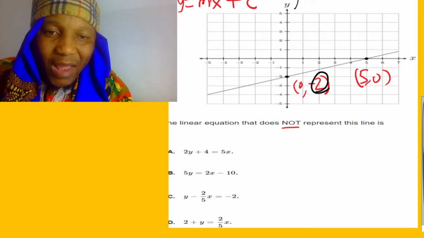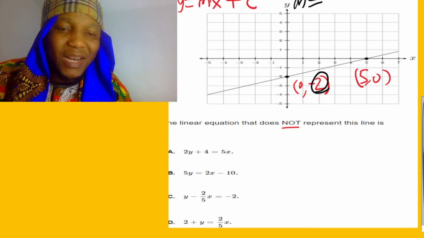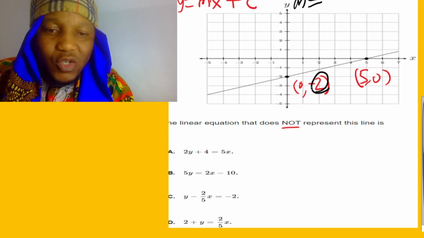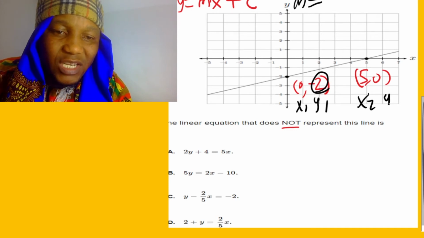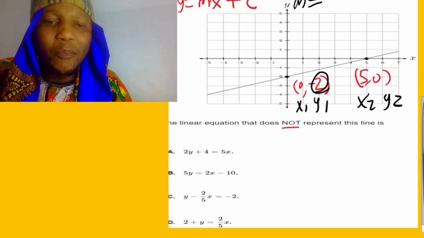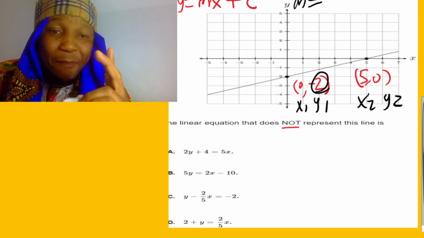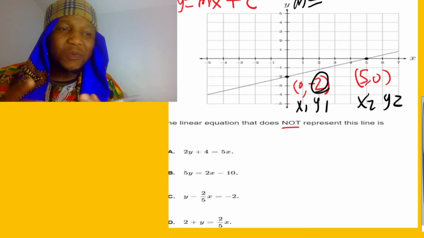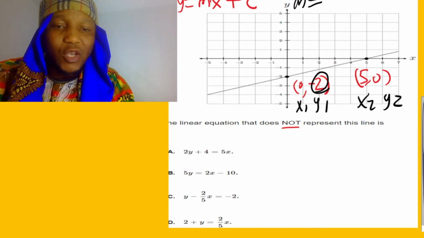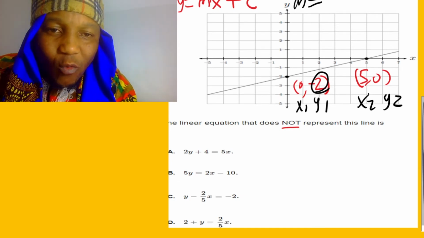So now, how am I going to get m? To get m is easy. m is always equal to the change in y over the change in x. Let's call this x1, let's call this y1, and let's call this x2 and this y2. So the slope, which is represented by m, or sometimes you call it the gradient, is the same thing. So I'm going to say y2 minus y1.